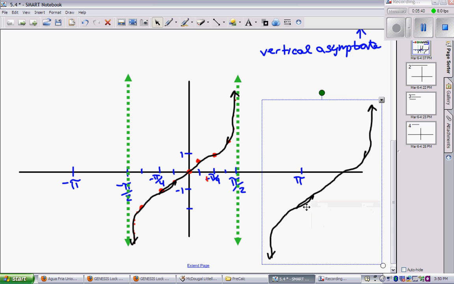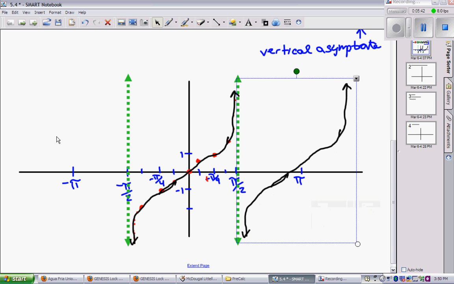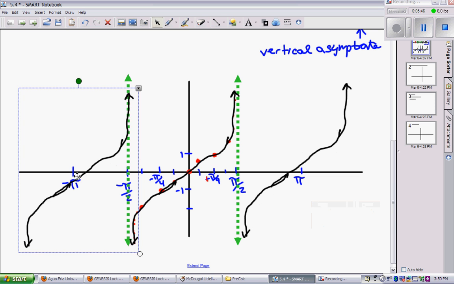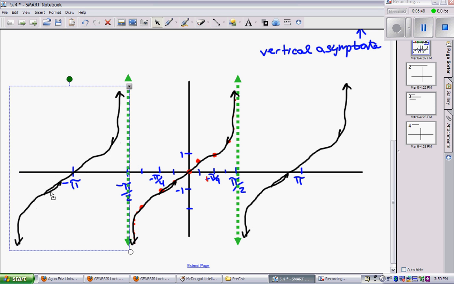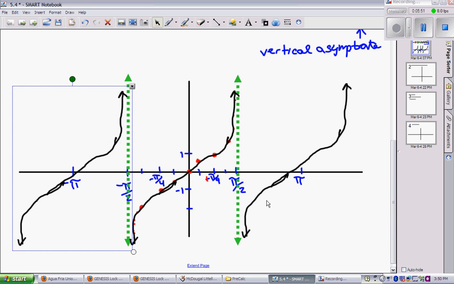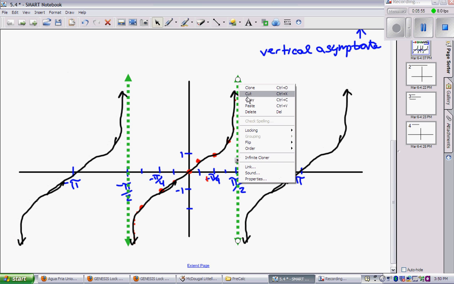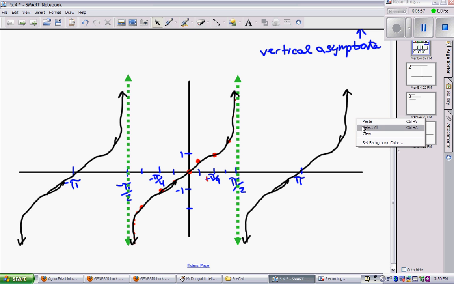So, it's going to happen again over here. It's going to happen again over here. Along with more vertical asymptotes.